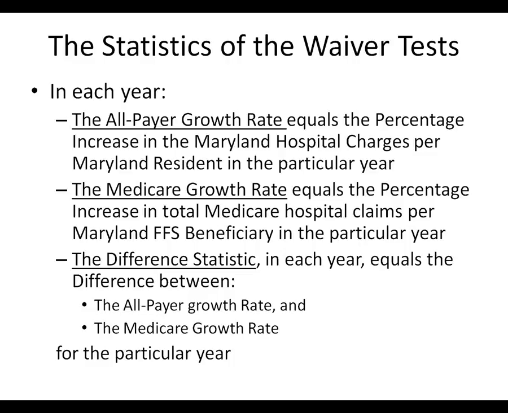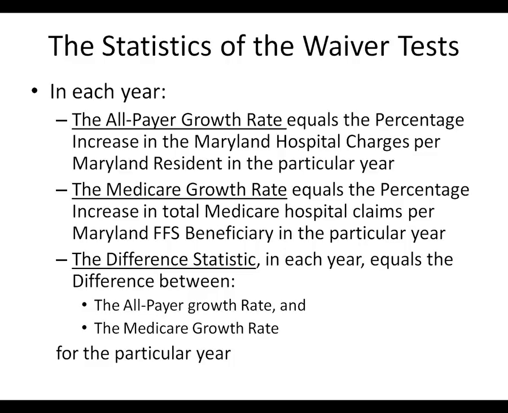Now, the thrust of this approach is to focus on a single statistic, which has as its purpose establishing the relationship between the two Medicare waiver tests, the all-payer ceiling and the Medicare savings targets. So while this is a little pedantic, I want to go through this definition.